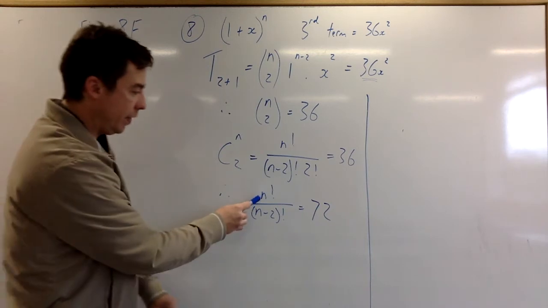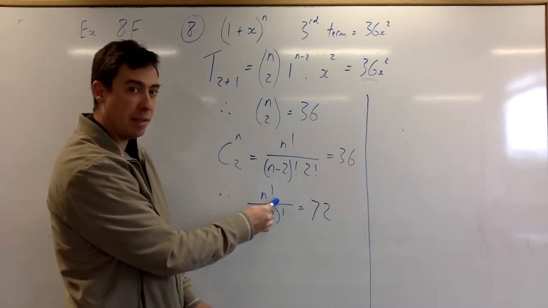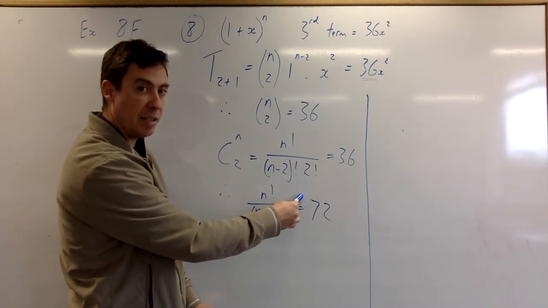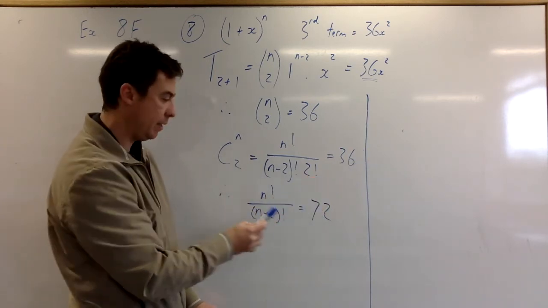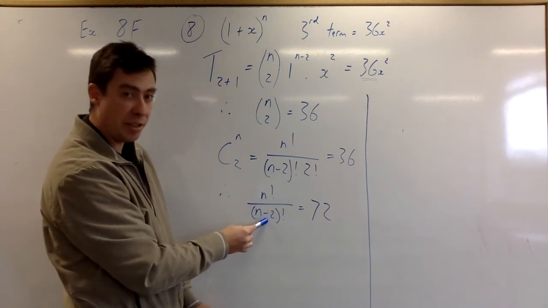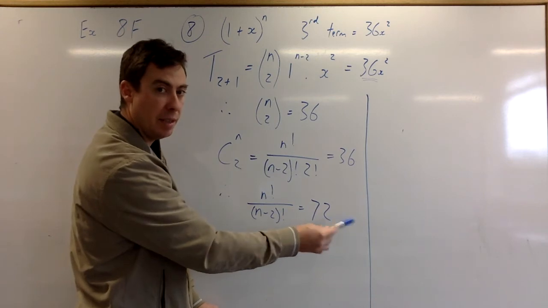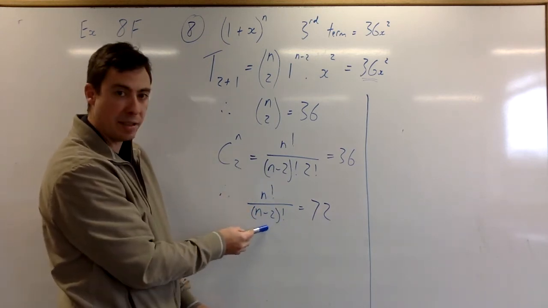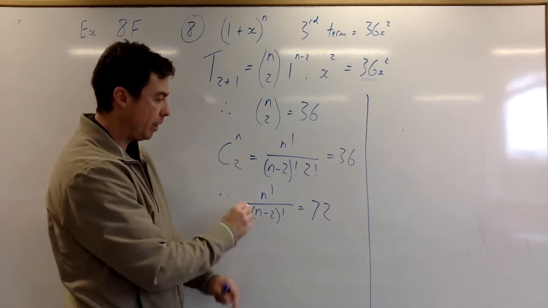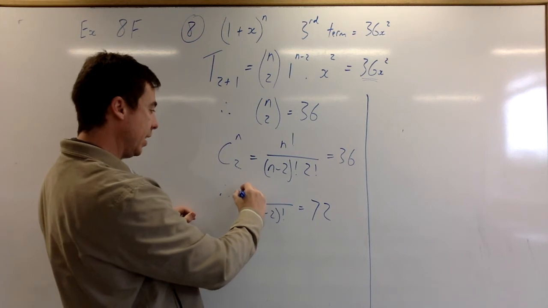Now if I've got n factorial, that means n times n minus 1 times n minus 2 times n minus 3, etc., etc. Right? Here I've got n minus 2 factorial, n minus 2 times n minus 3 times n minus, right? There will be some cancelling out between this term and this term, right? Maybe I can show that. I'll change the n factorial to this.